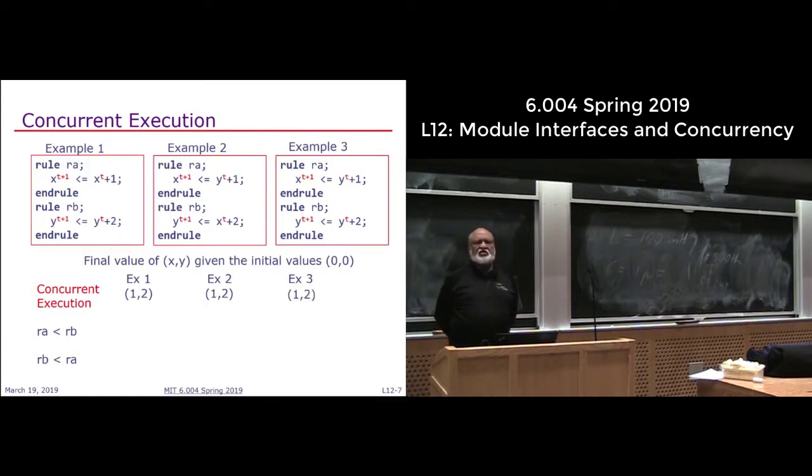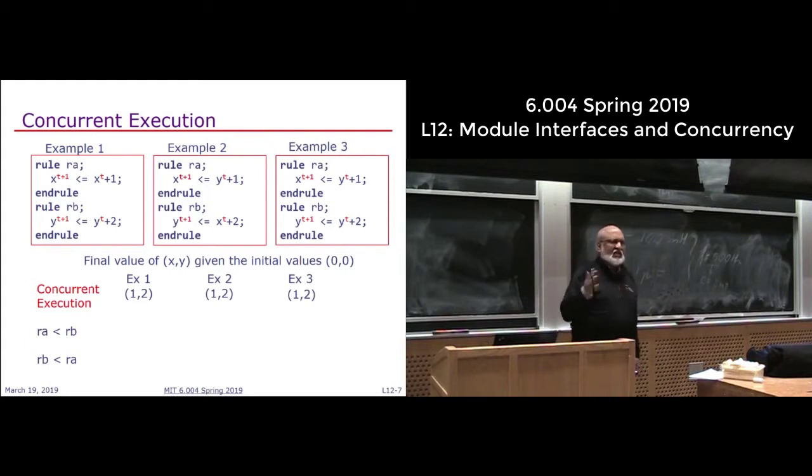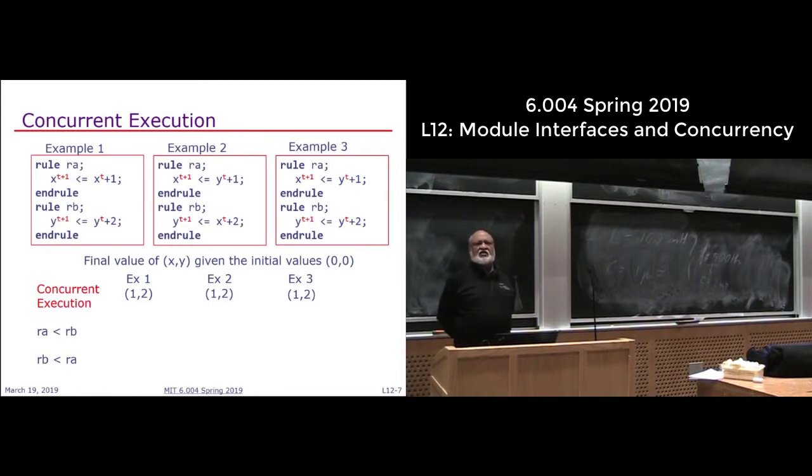And here also it produces the same answer. So in these three contrived examples, if you do concurrent execution, you always get 1, 2 as the answer. 1 will be the value of x after you have done the executions of both rules, and y will have value 2.